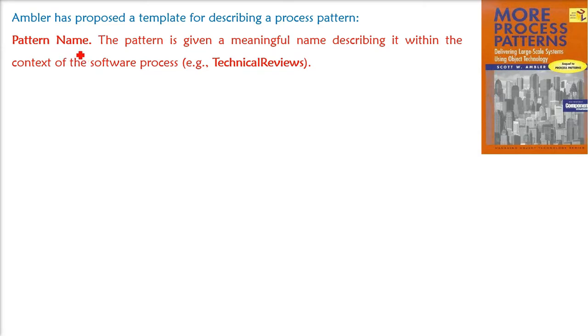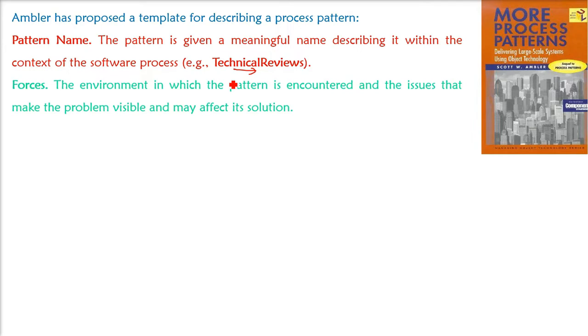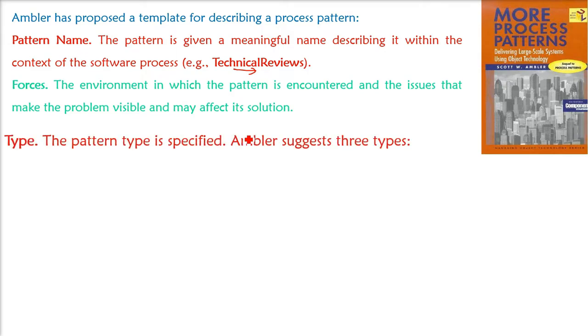Whenever you are making a pattern, you have to give a meaningful name, like the technical reviews. Whatever software process you are dealing with, you have to write a proper name for that pattern. The forces is the environment, the place, the scenario where this pattern will be encountered, and that will make this pattern visible, and where it is going to affect the solution.